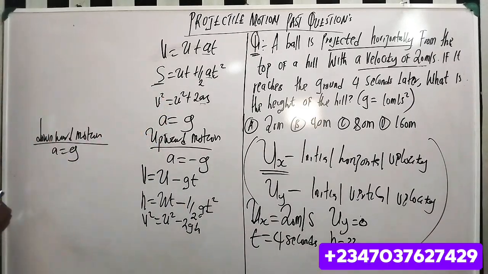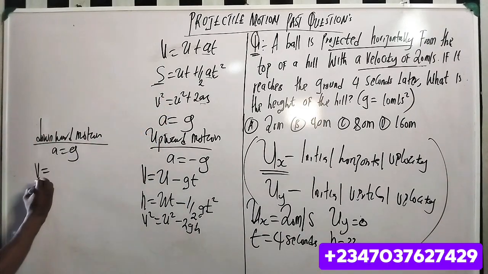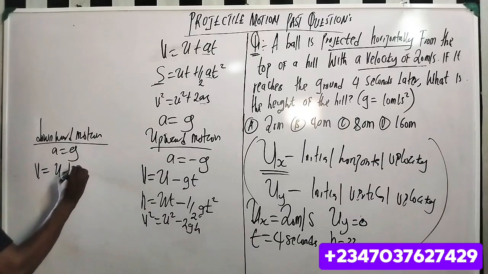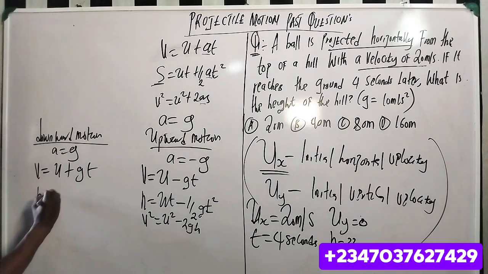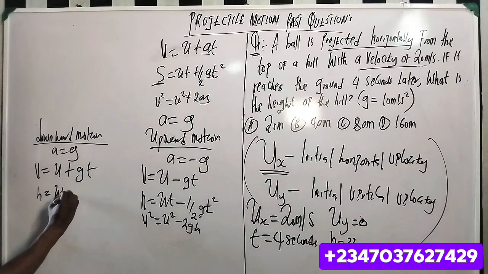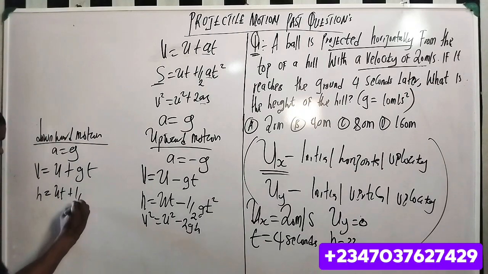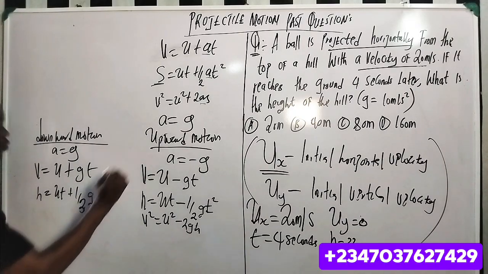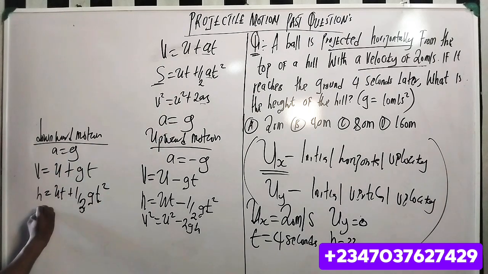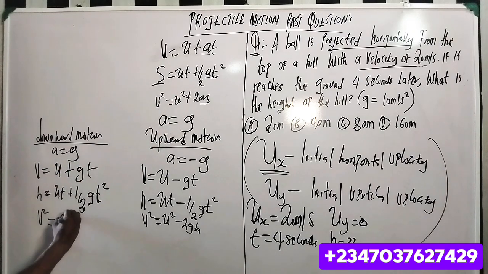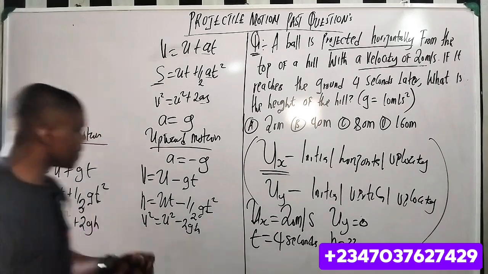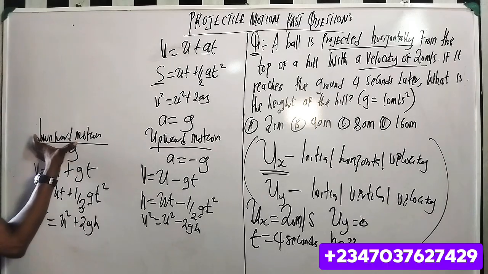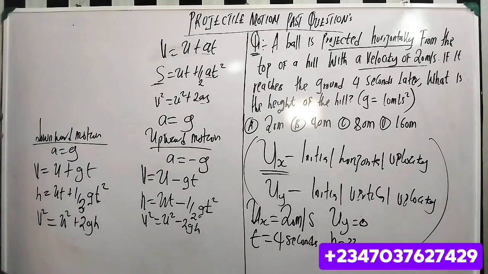So v equals u plus gt, then h equals ut plus half gt squared, then v squared equals u squared plus 2gh. So here we have downward motion and upward motion.